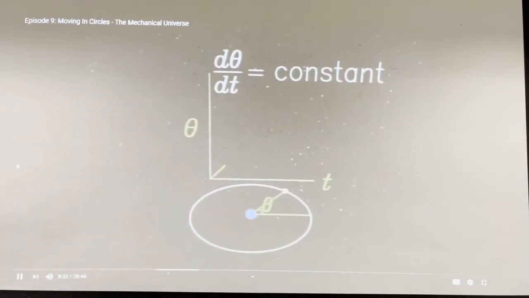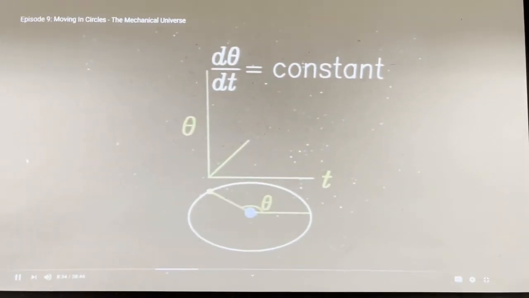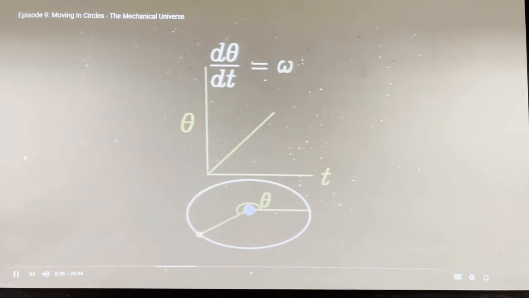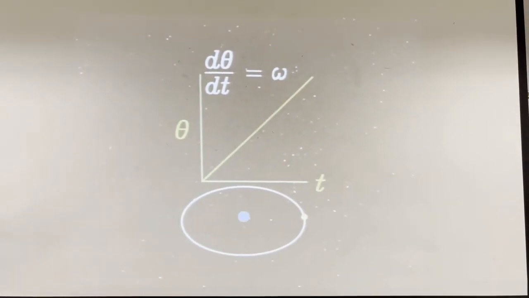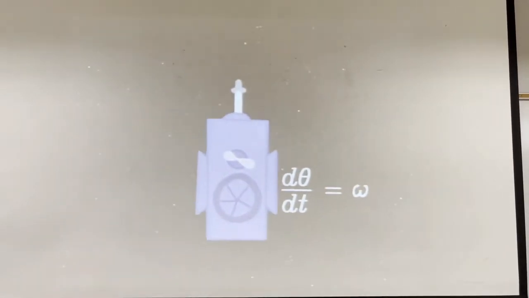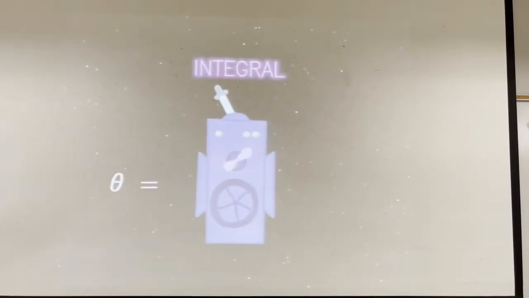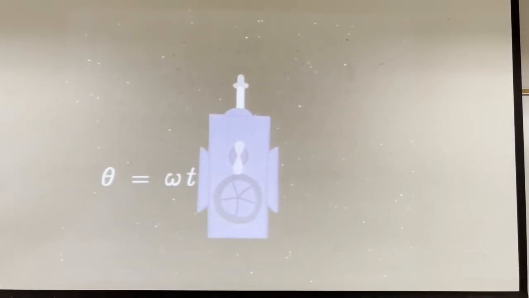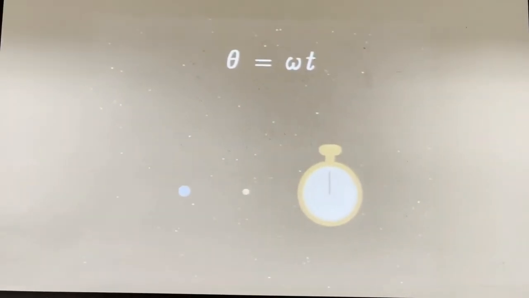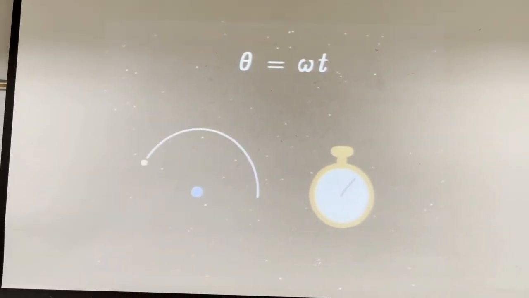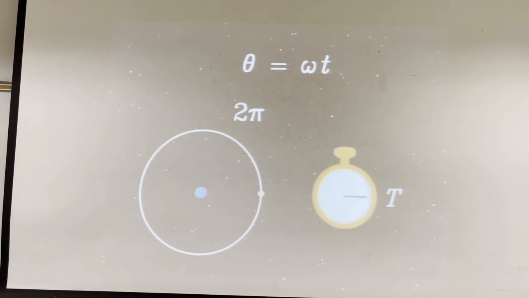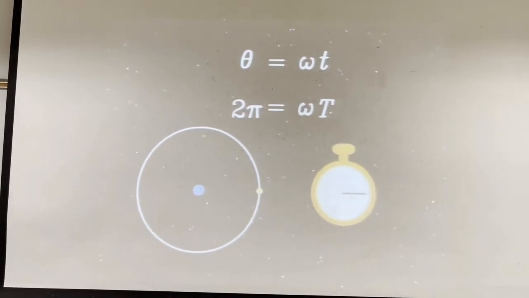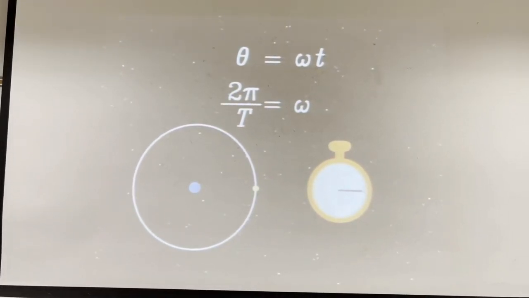Viewed another way, the vector is at an angle that grows at a constant rate. That rate, omega, is known as the angular speed of the object. So at any time t, the angle theta equals omega t. In 1 revolution, the object moves through 2 pi radians in time capital T. Therefore, the angular speed is 2 pi over capital T.